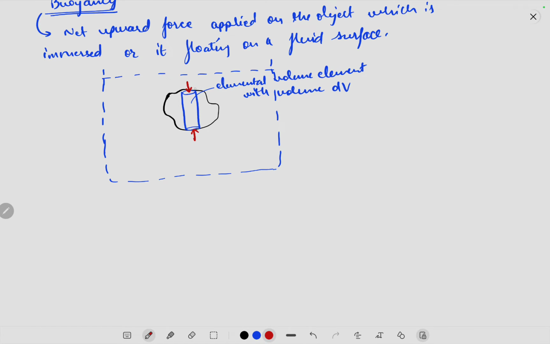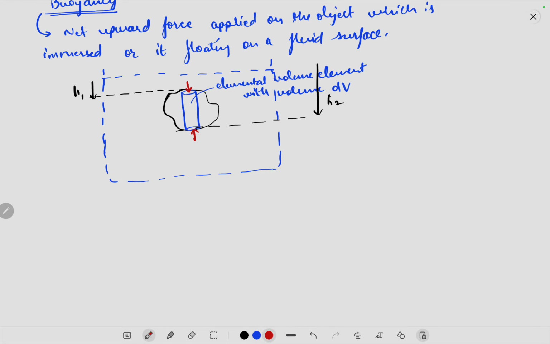What will be the value of this pressure or the force due to this pressure? So let's say this depth is h1 and this depth is h2.